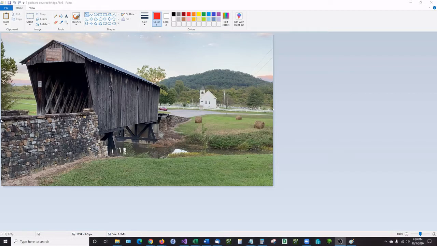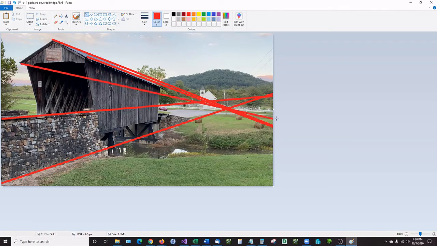If you were to draw an imaginary line all the way through all these lines, like the lines in the rock and everything else, and do that with the bridge as well, you would notice something. All of these lines eventually meet up at approximately the same point.